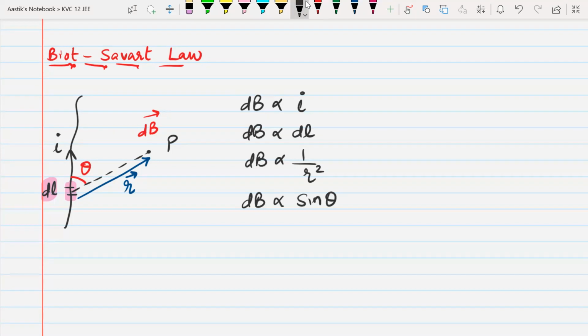They put all of these things together, and they had the formula for the magnetic field dB created by this small current carrying wire.